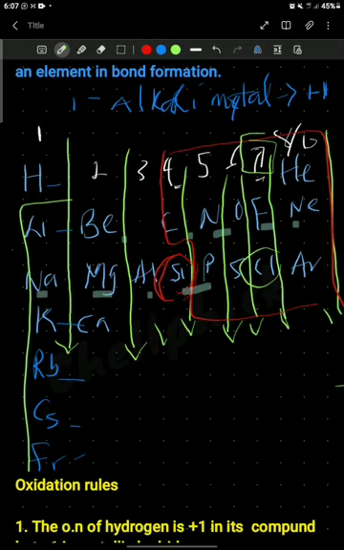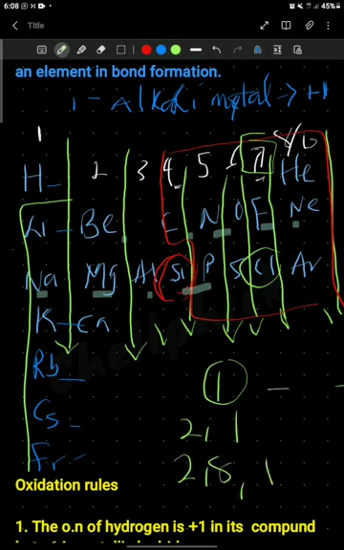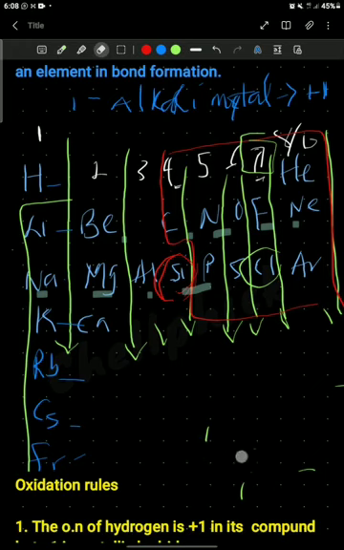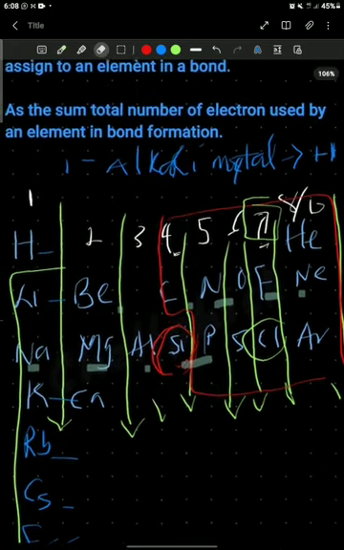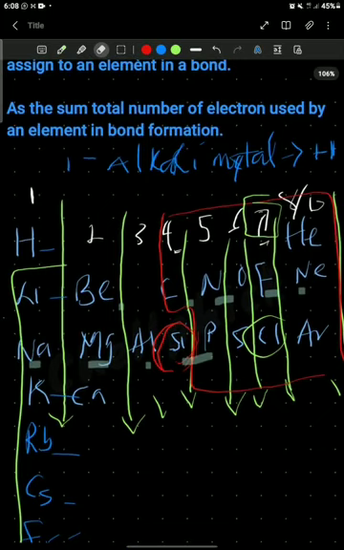Another reason why hydrogen behaves like group 1 is that hydrogen has 1 as its valence electron, while all group 1 also have 1 as their valence electron. This is for hydrogen, this is for lithium, this is for sodium. So they all have 1. And believe me, elements are distributed to the same group because they have the same valence electron. So because of that, hydrogen, lithium, sodium, potassium can be placed in group 1.